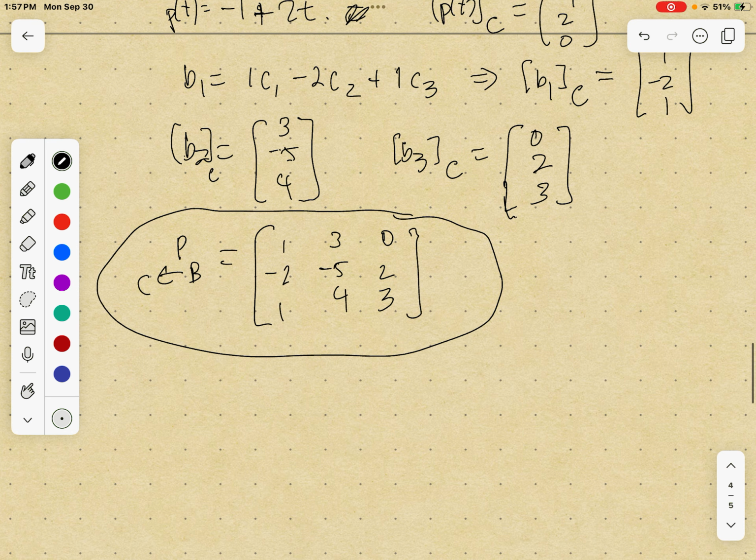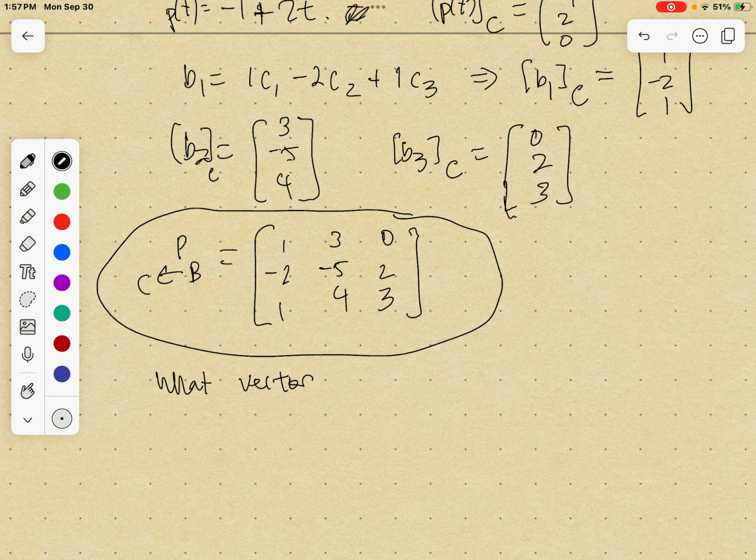Well, one way to do this is to actually find the inverse of this matrix, but it's a 3 by 3 matrix, we don't want to do that. Instead, to find the B coordinate, maybe a different way of saying it is that this matrix maps V relative to B to V relative to C, by definition.